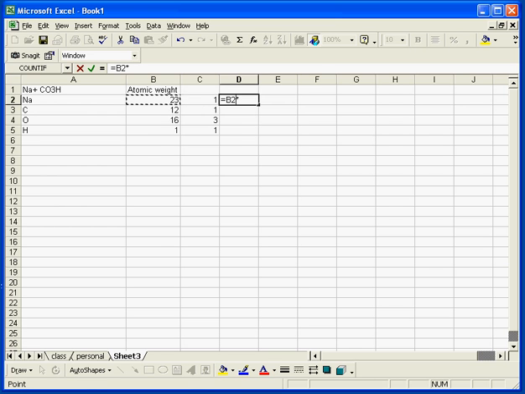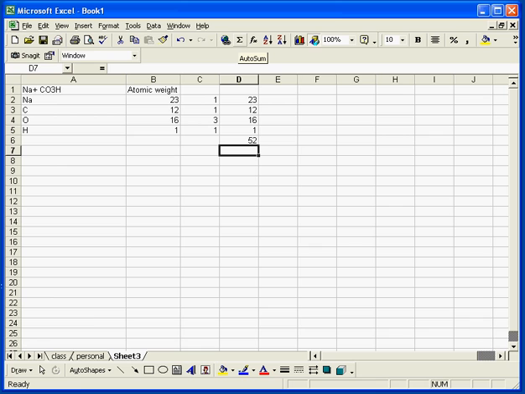I'm just going to drag that formula down with the little black cross, and that gives me the number. Then I click below it and hit sigma, and that sums everything up. That gives me 52.